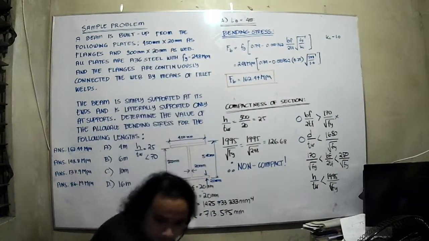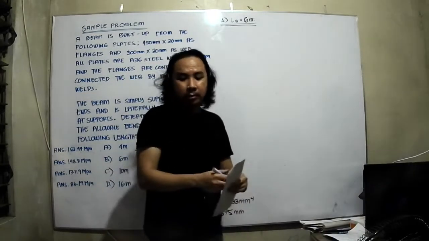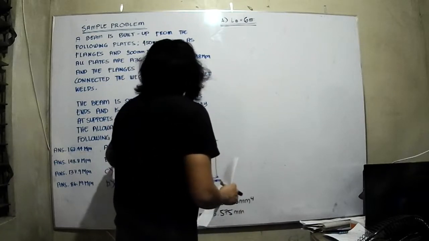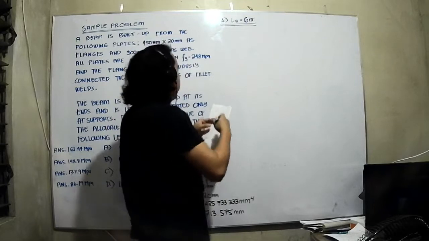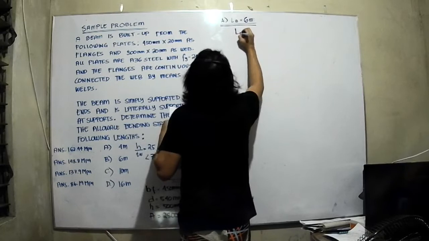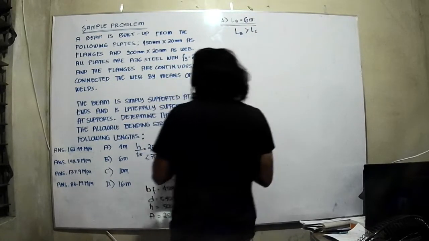Okay? Okay. So, we continue on. Now, our LB is letter B na pod kay is equal to 6 meters. Diba? Kani siya, we can say na this is actually lesser than LC, ba?